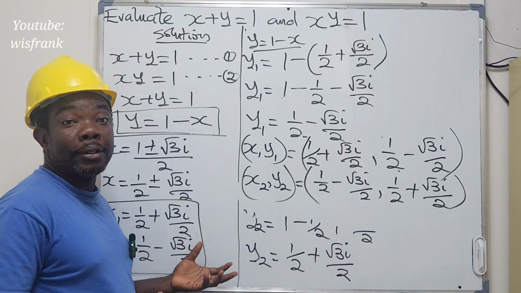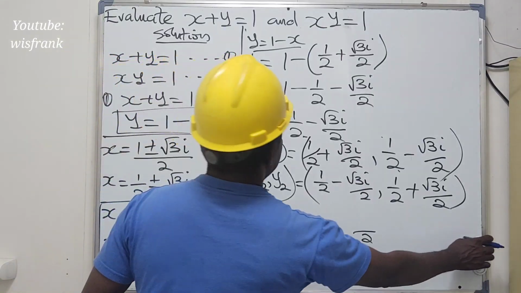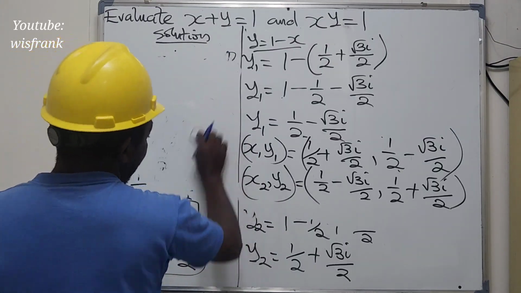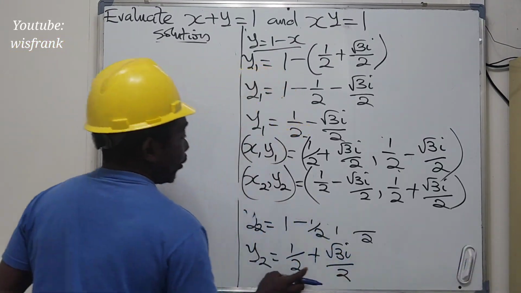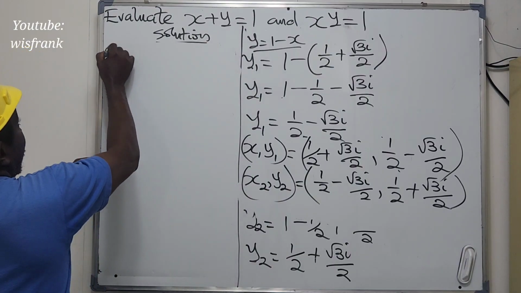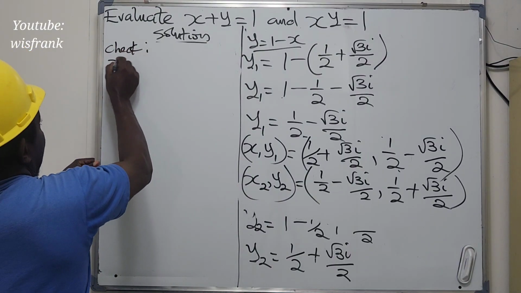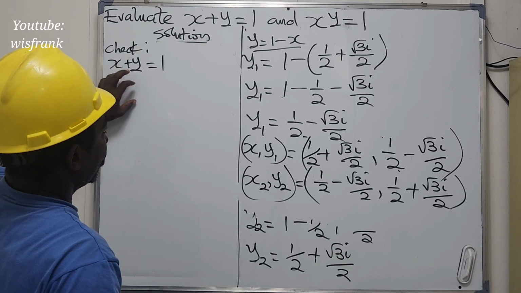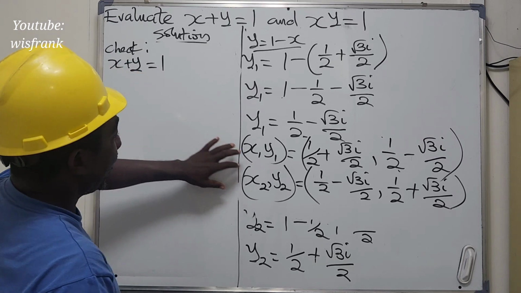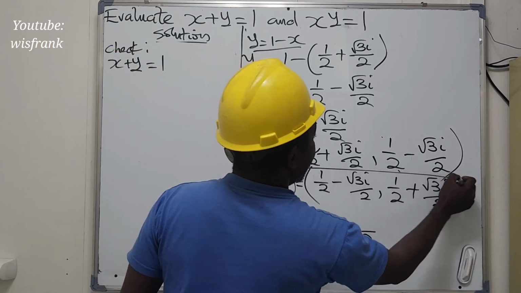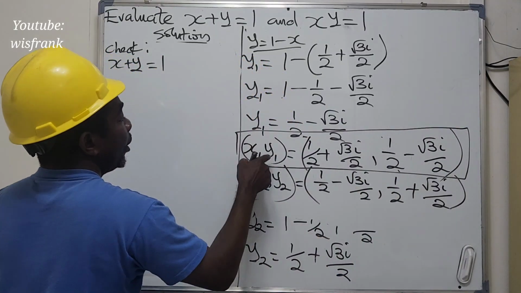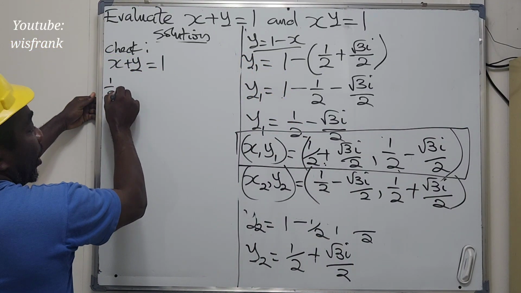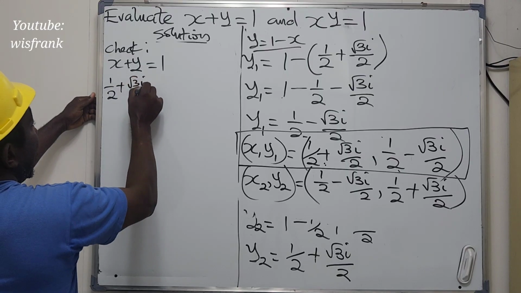So we can do a little check to see whether this solution of x1 and y1 satisfies the given equation. From the question, x plus y equals 1. Let's take the first parenthesis that we have. Our value of x is 1 all over 2 plus root 3i all over 2.